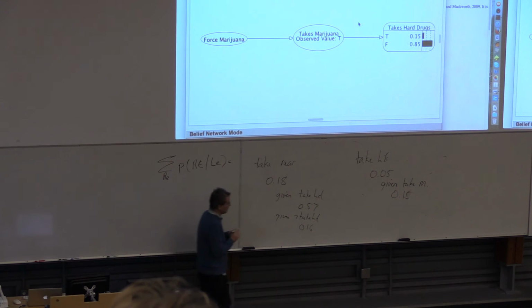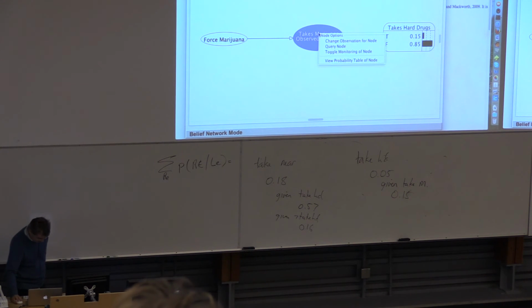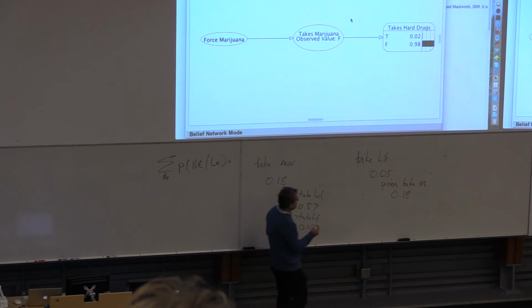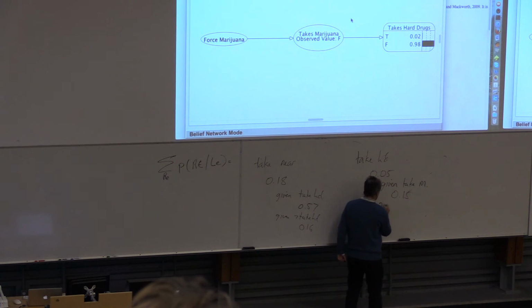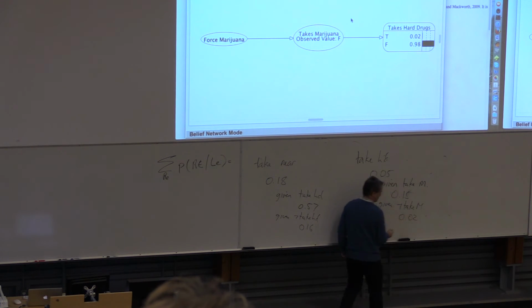So out of the people who take marijuana, 15% then take hard drugs. And if you observe not taking marijuana, it becomes 0.02.